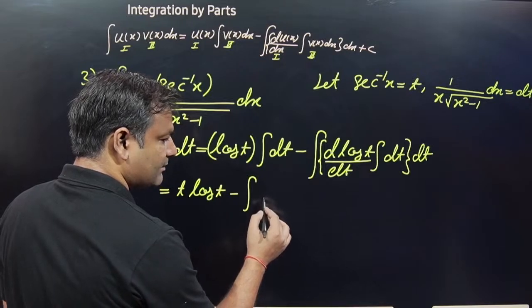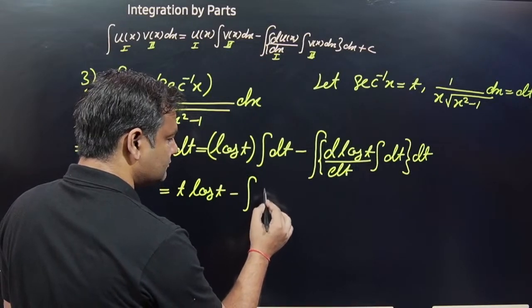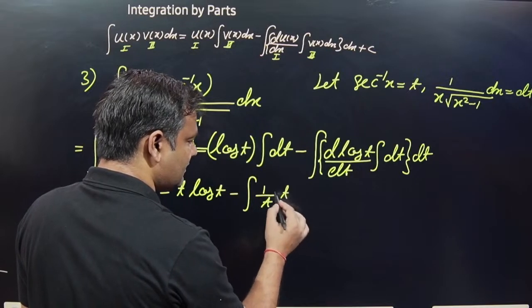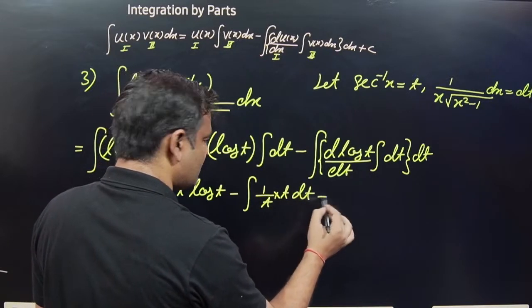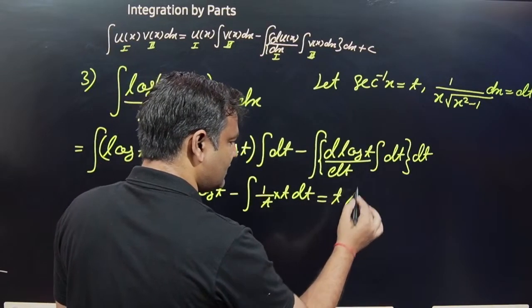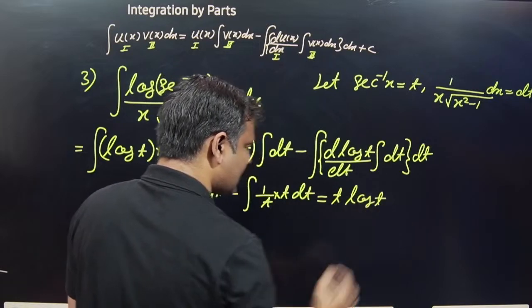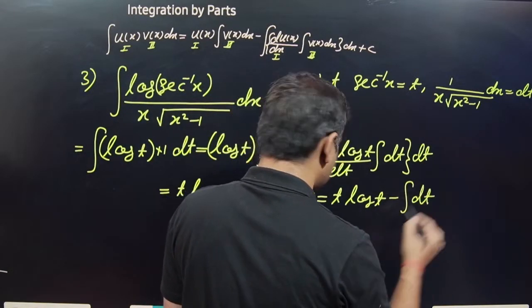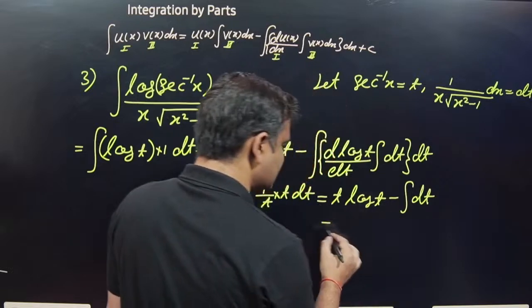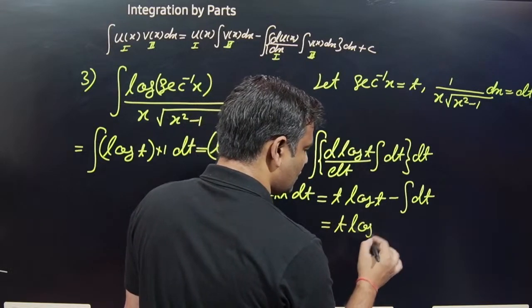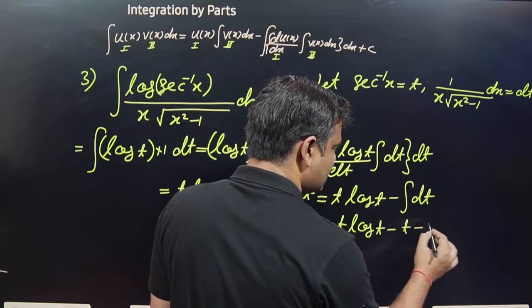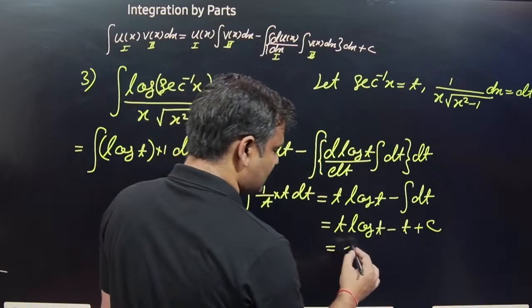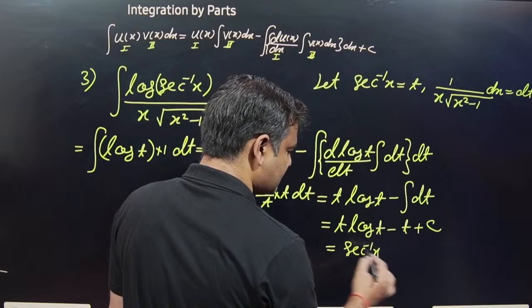Applying the formula: 1 by t, and the integration of dt is t. So you can say t log t minus the integral of dt. So you get t into log t minus t plus c. After that, t is replaced by sec inverse x.